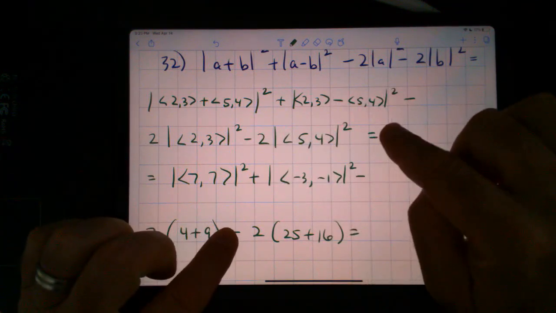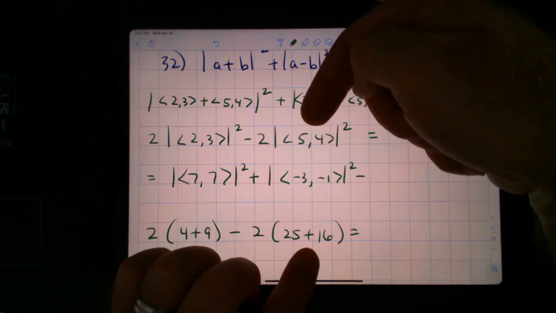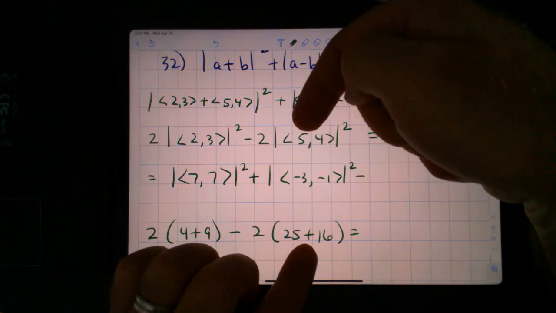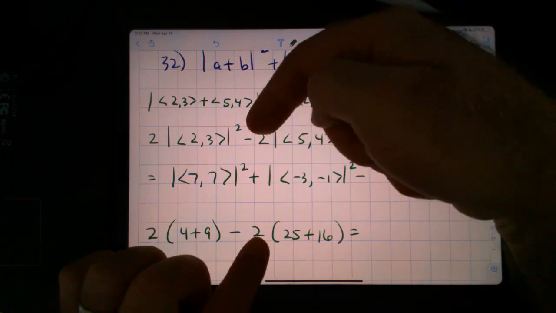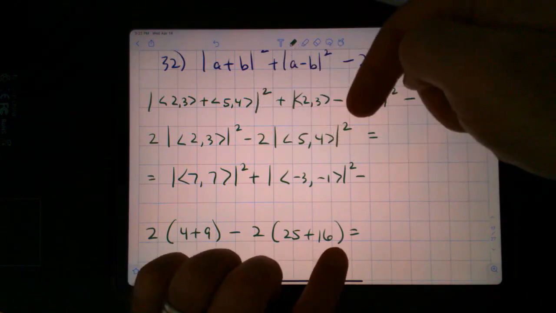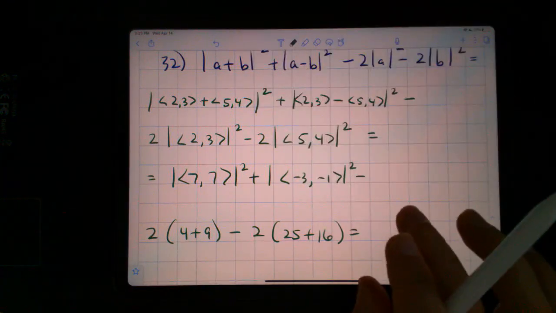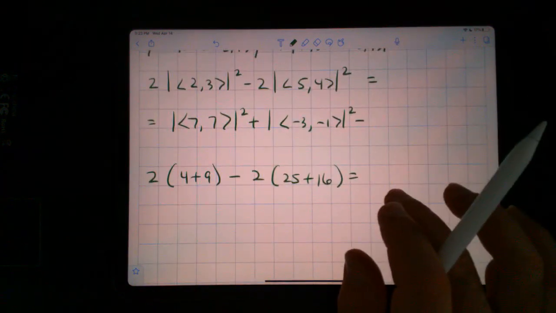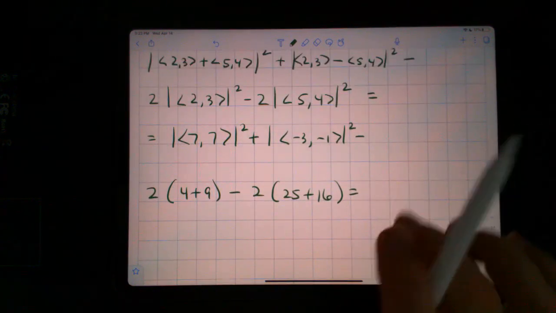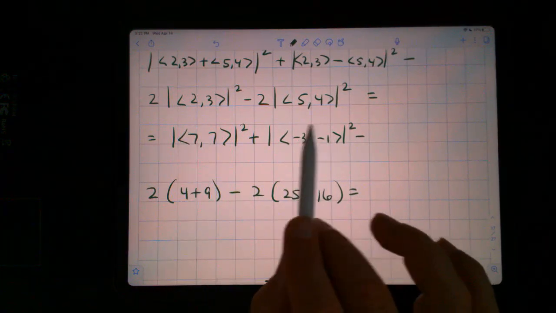Okay. So then when we minus this other magnitude of a vector being squared, that's why we have 25 plus 16, all of that times the negative 2. No square, no radical. Same thing is going to happen here and here.